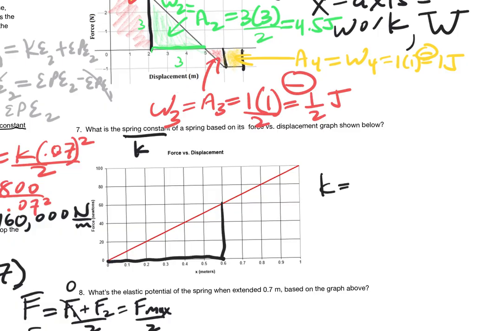So it's a rise of 60 over the run of 0.6. So that's just 100 newtons per meter. You could have done this triangle instead if you want. Right there, 20 divided by 0.2 is the same thing.